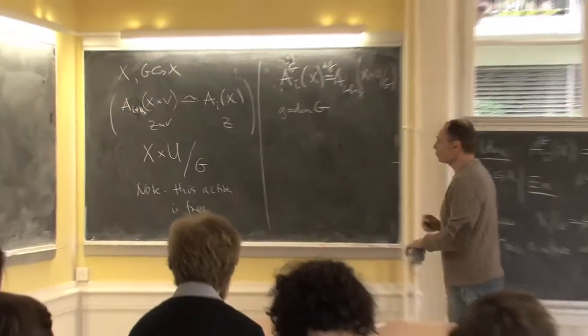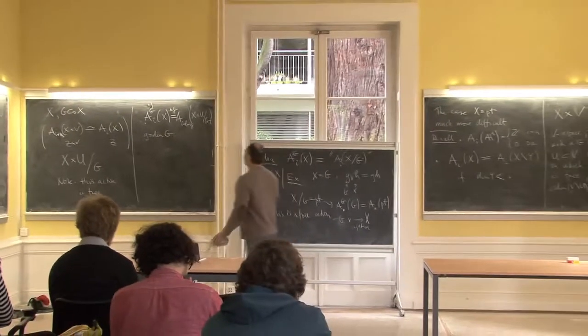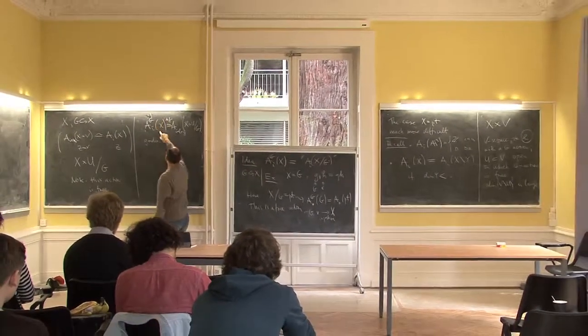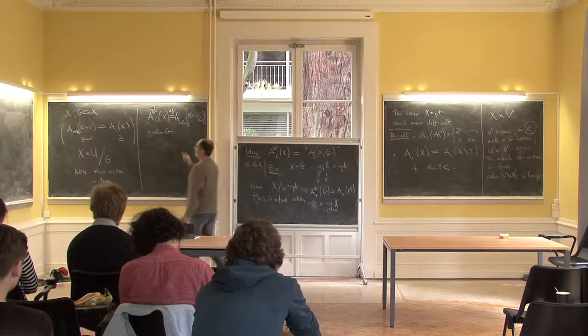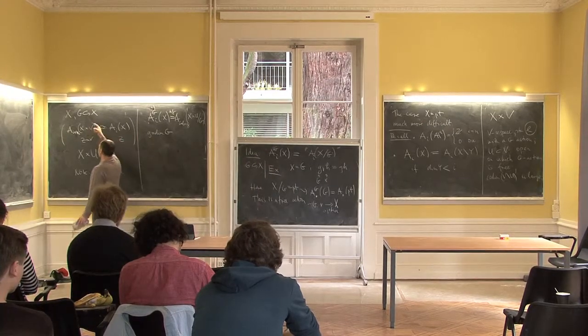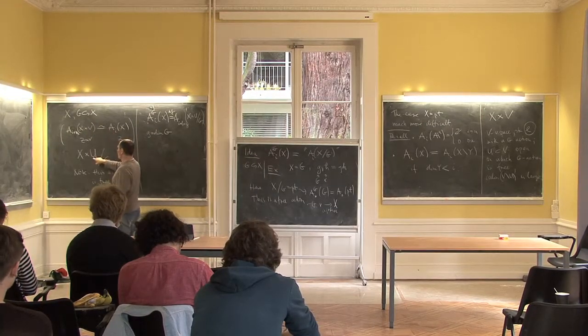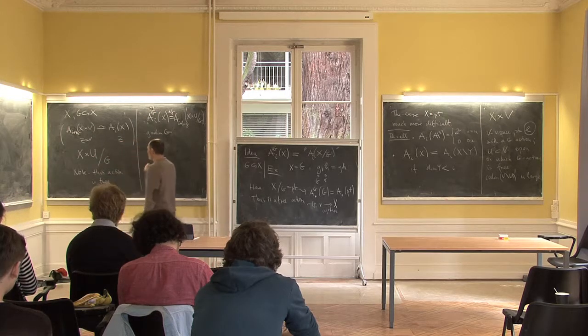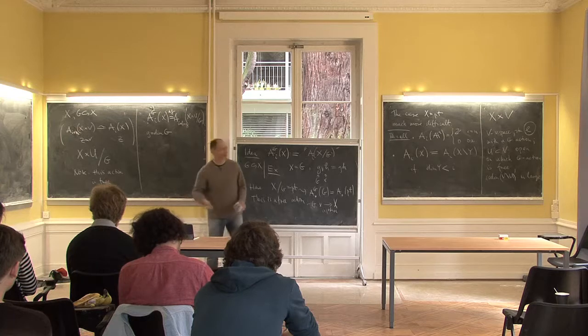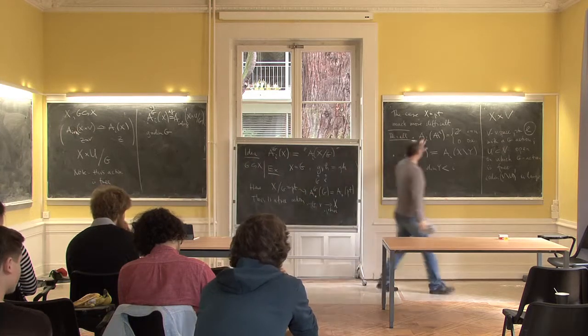So again, what we are doing is, in order to have an analogous thing, we multiply X by something on which G acts freely, and which doesn't have too much Chow group. This is where the logic is.